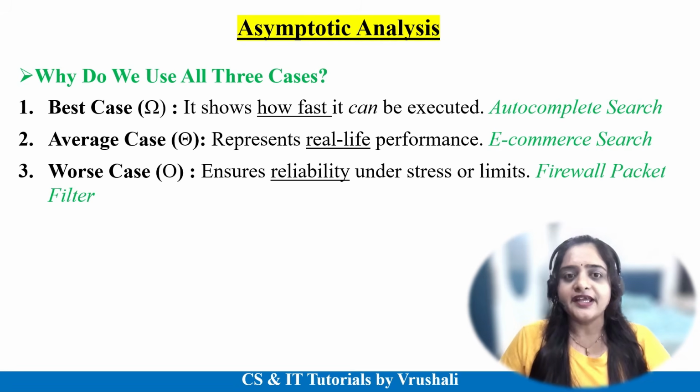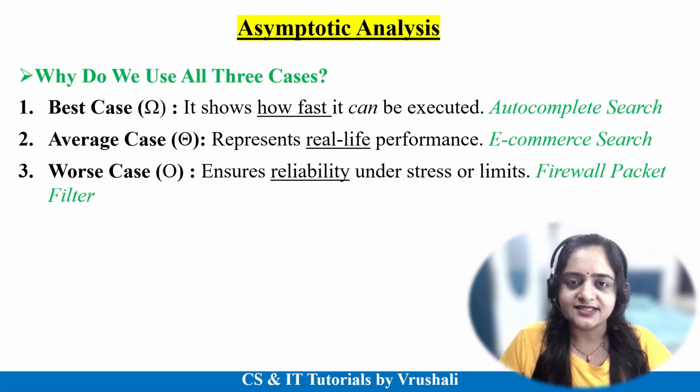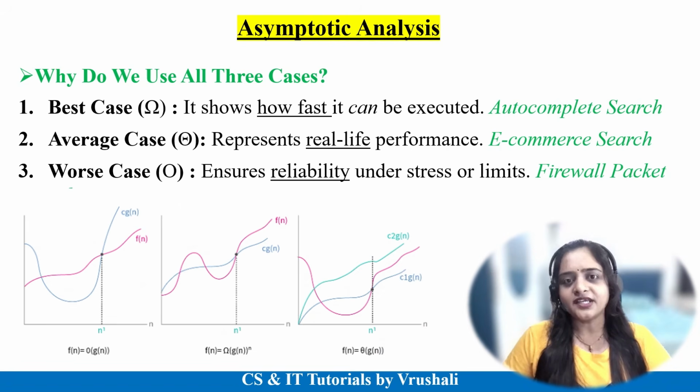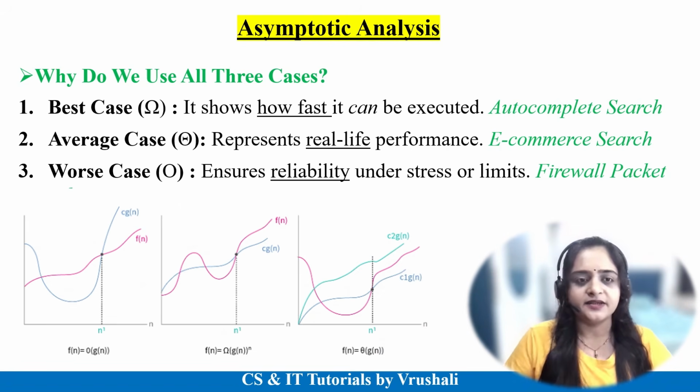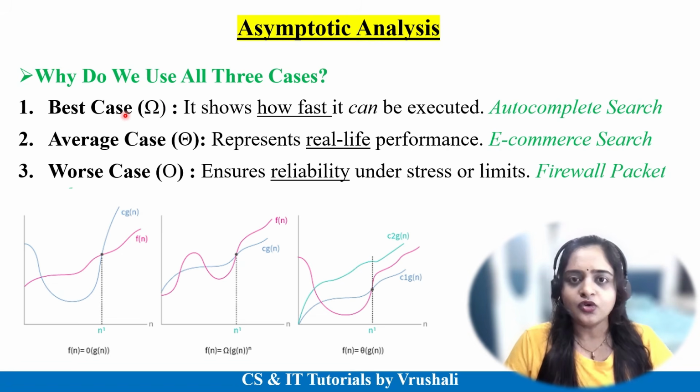Now, the next topic is asymptotic analysis. Here, I am giving you a diagrammatical representation. I think you now know about best, average and worst case, right? So why do we use all these 3 cases?